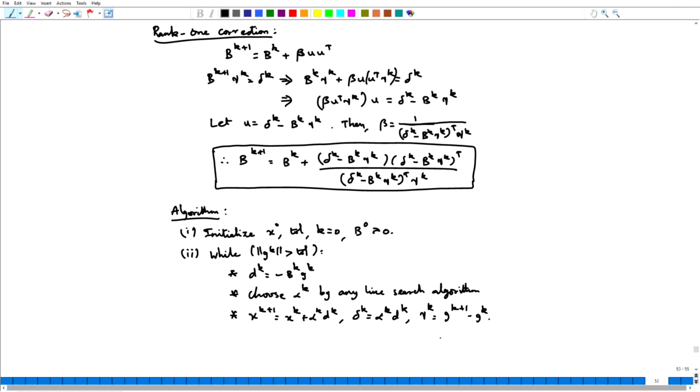You can find that because you know x k and x k plus 1. So, use that to find gamma k, and here you should update B k plus 1 using the big equation that I have written on the top and have boxed.